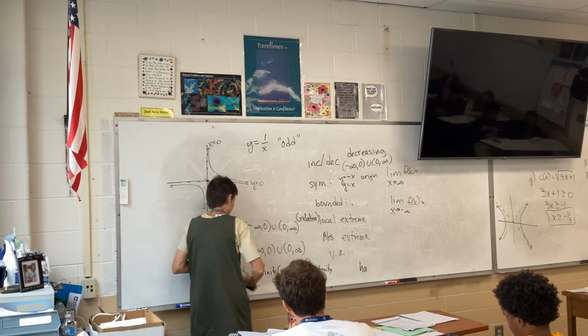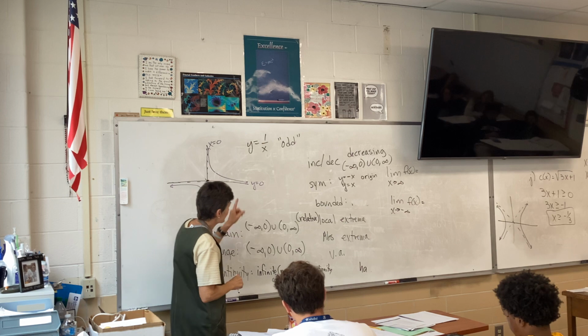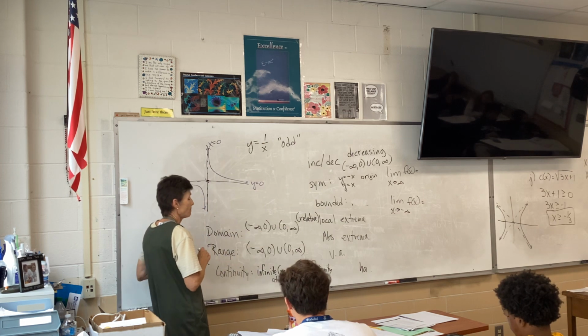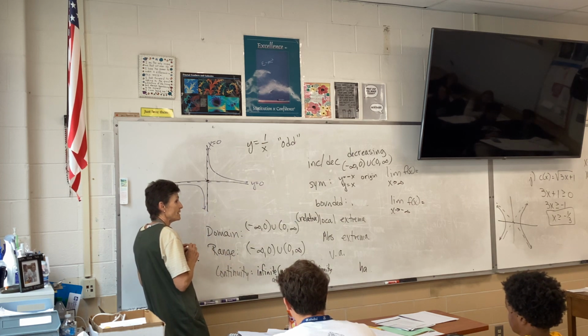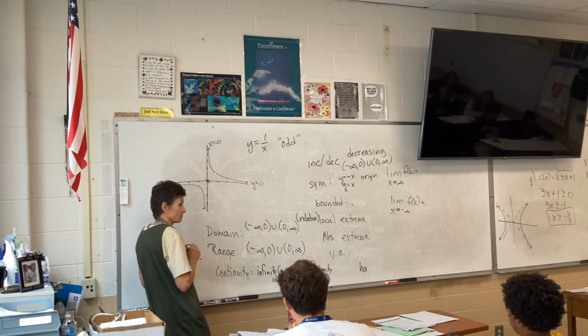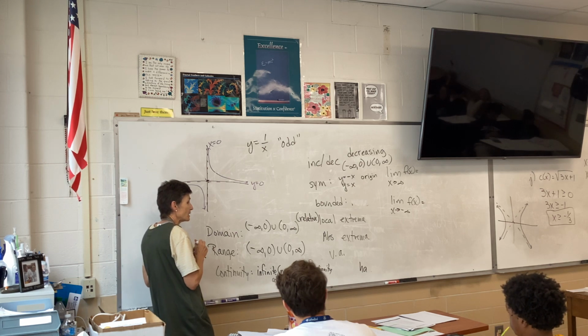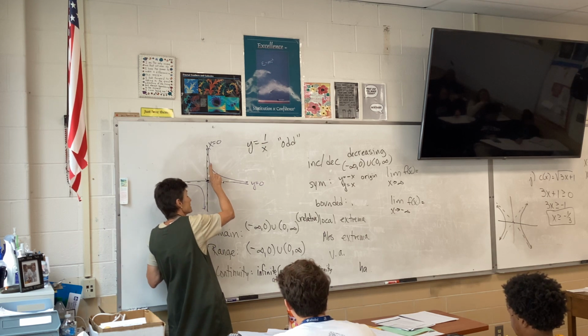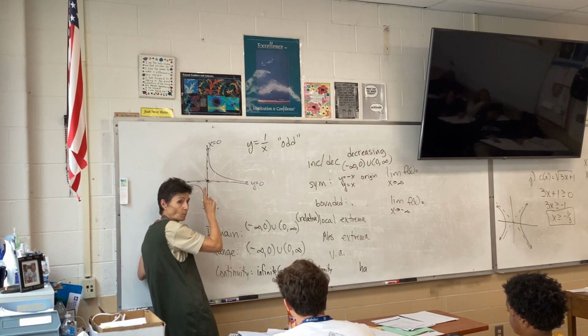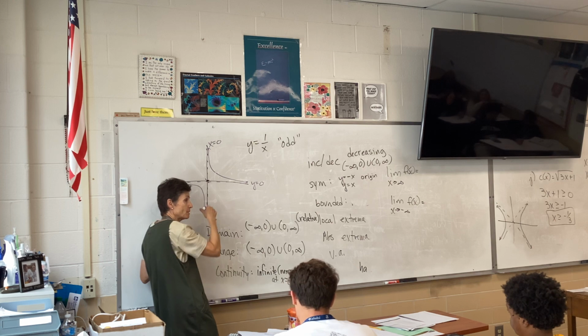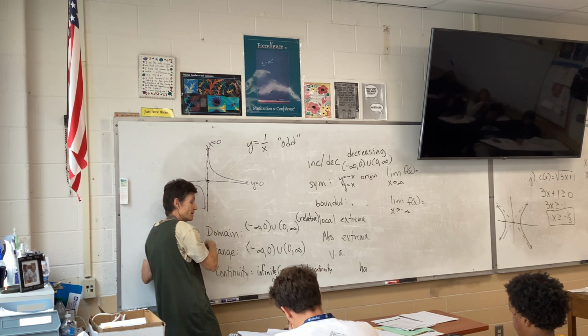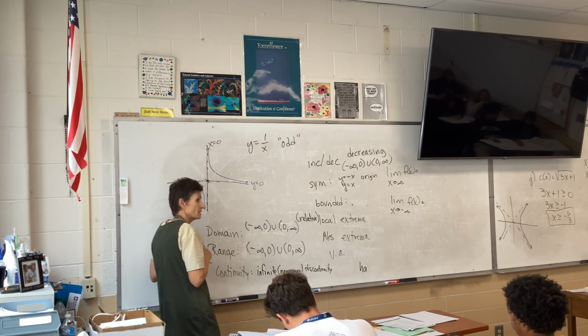All right. Quickly, we gotta get through the rest of this. We did symmetry. Bounded. Is this thing bounded? Be careful. Is it bounded above? No, because it shoots all the way up, right? Is it bounded below? No, because it shoots all the way down.